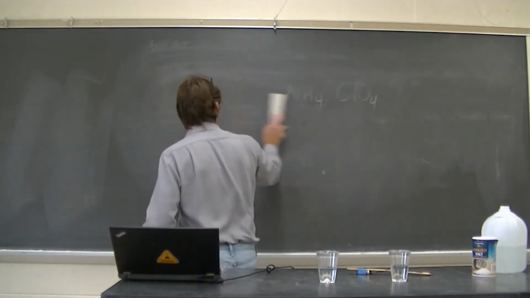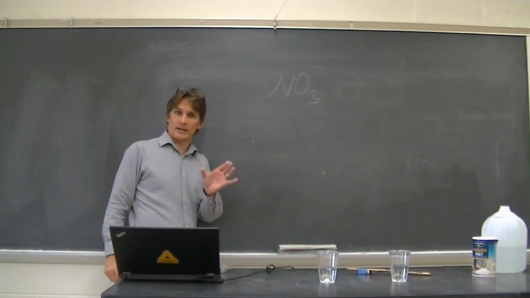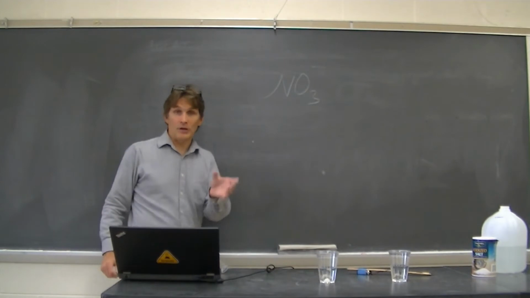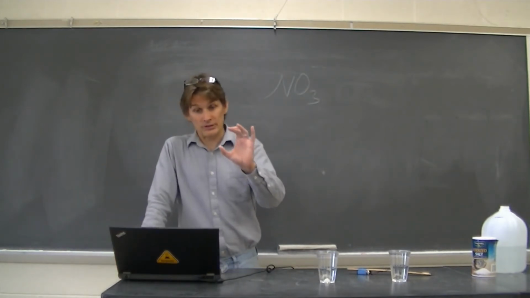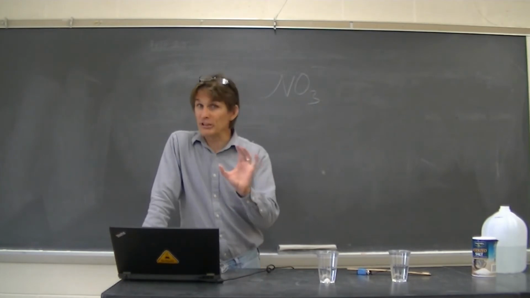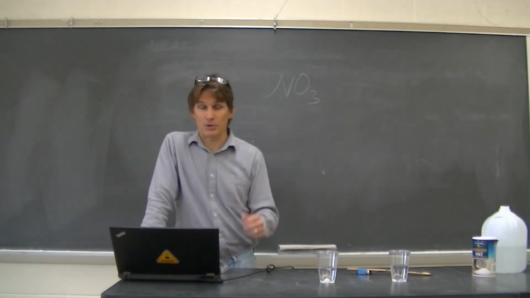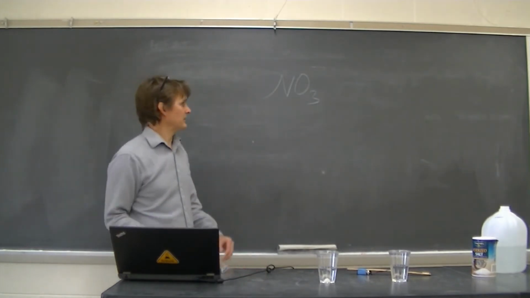The second rule is that if you see nitrate, NO3, which has a negative charge, in a compound, it's going to dissolve. These first two rules on slide 6 of the PowerPoint, you really want to know. They need to be part of your vocabulary, in a sense.